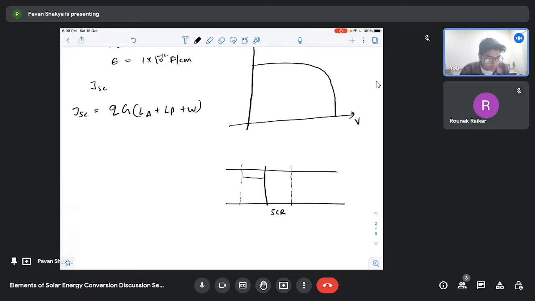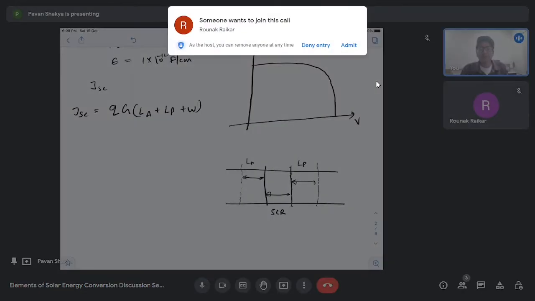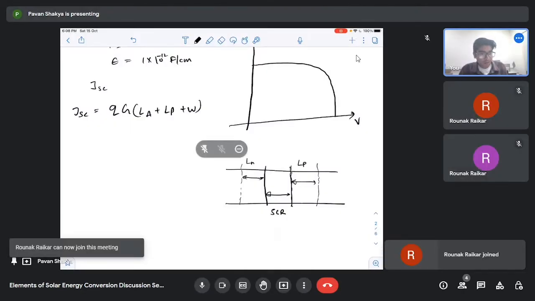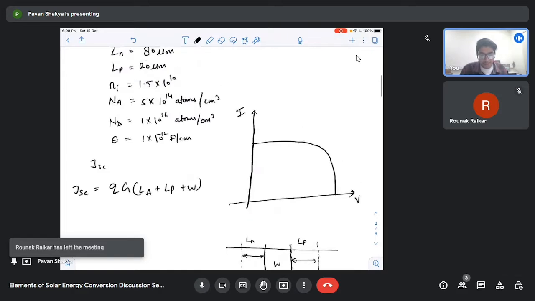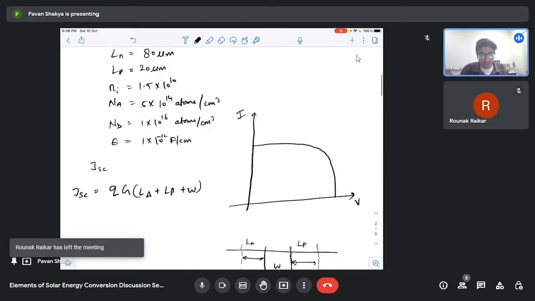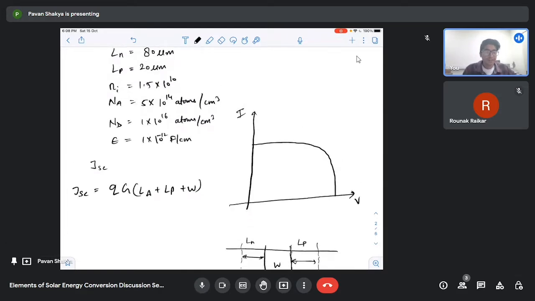So this length is called Ln, the recombination length for the minority electrons. Similarly for the N side, this is our Lp. And the width of this space charge region we denote as W. In this problem Ln and Lp are given, and W, the width of this depletion region, is not given. So we have to calculate it.